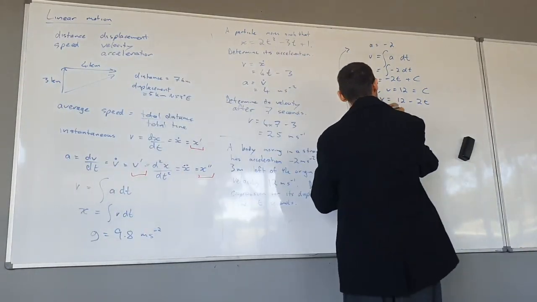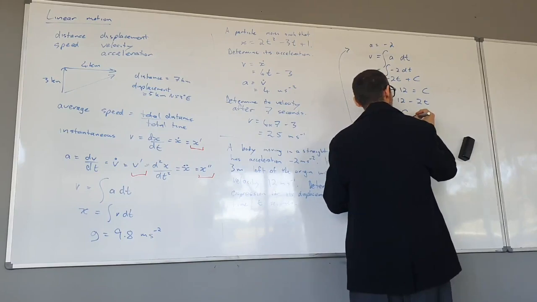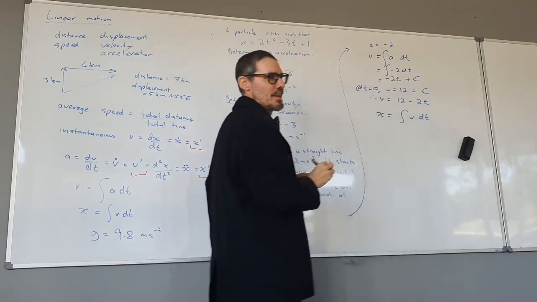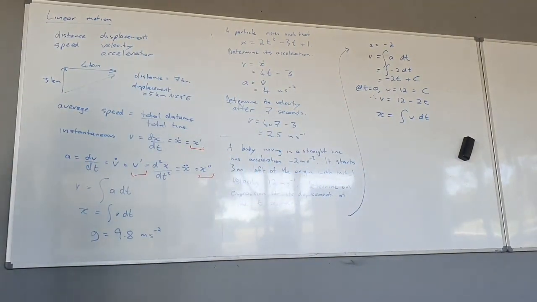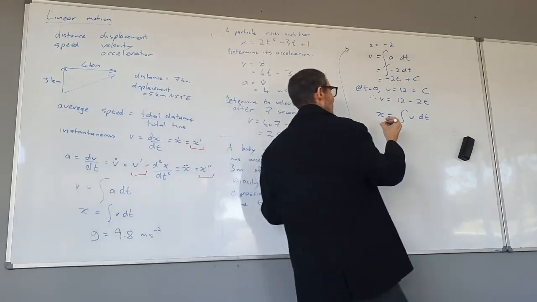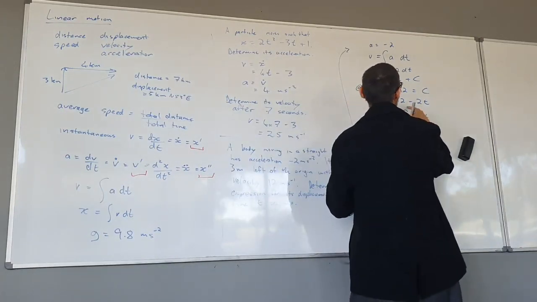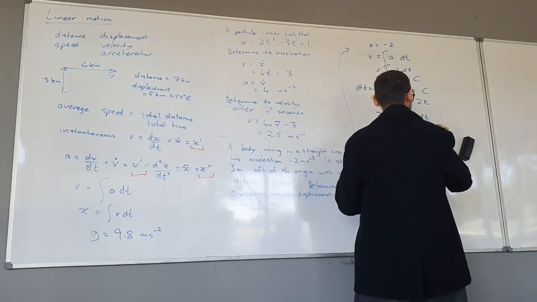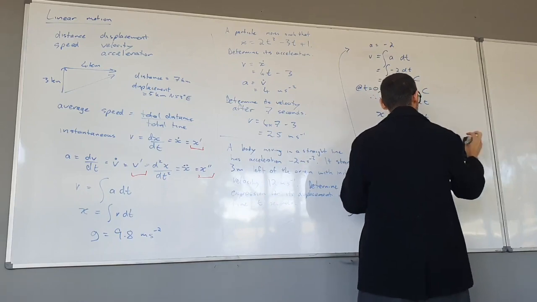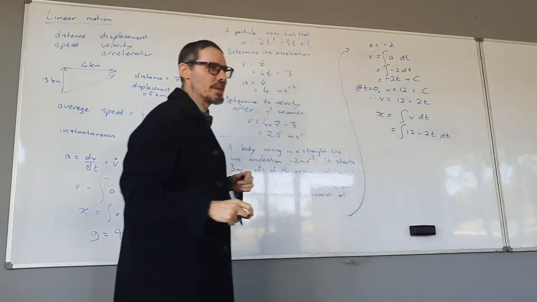Okay, displacement then is the integral of velocity with respect to time. I am going slower for the Year 11s to keep up. Integral of 12 minus 2t. I do not mind if you skip one or two of these steps.